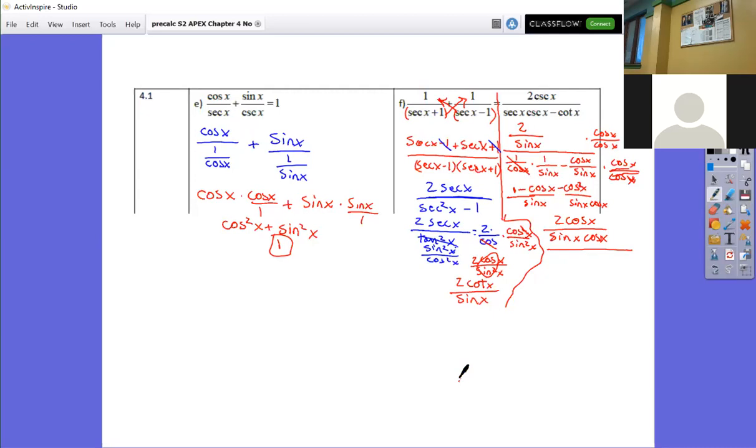Well, let's see, it would cancel one of those, and then you would just be left with cosine. What did I do? See? Sometimes I get stuck too. Wouldn't you not even need to multiply that? Minus cosine squared x over sine of x. What did I do here? How did I get cosine of x? Oh.